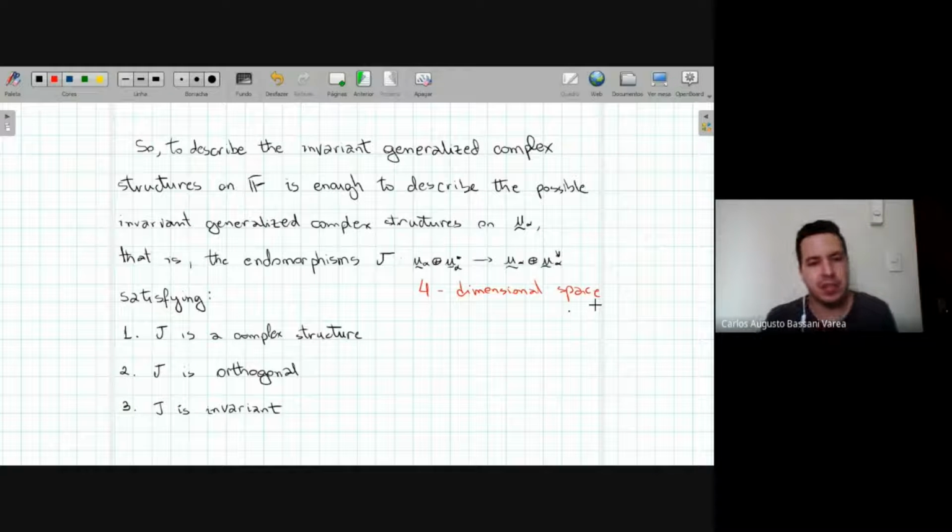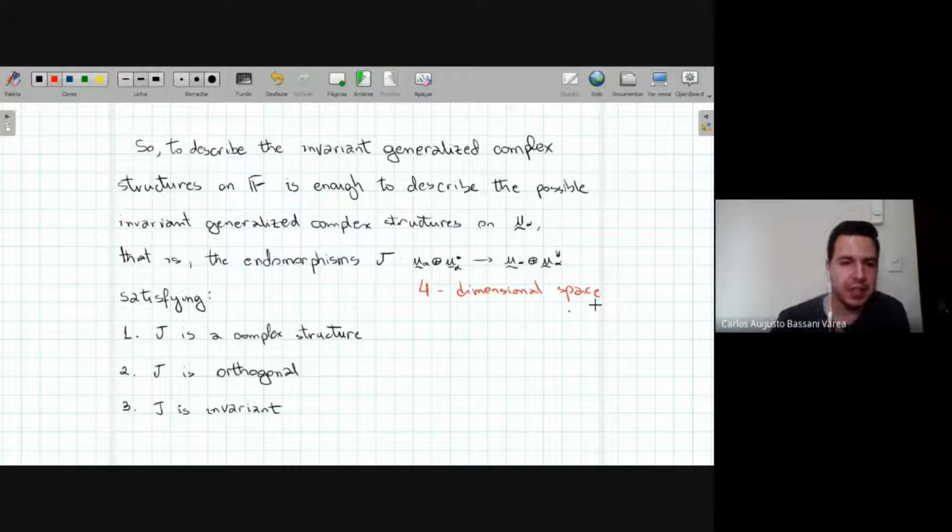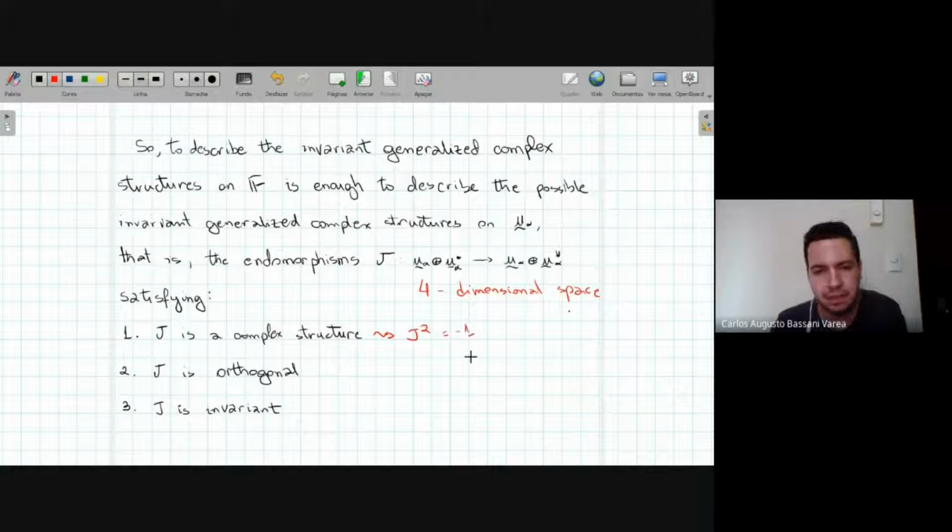satisfying three conditions: that J is a complex structure, which means that J squared is -1.